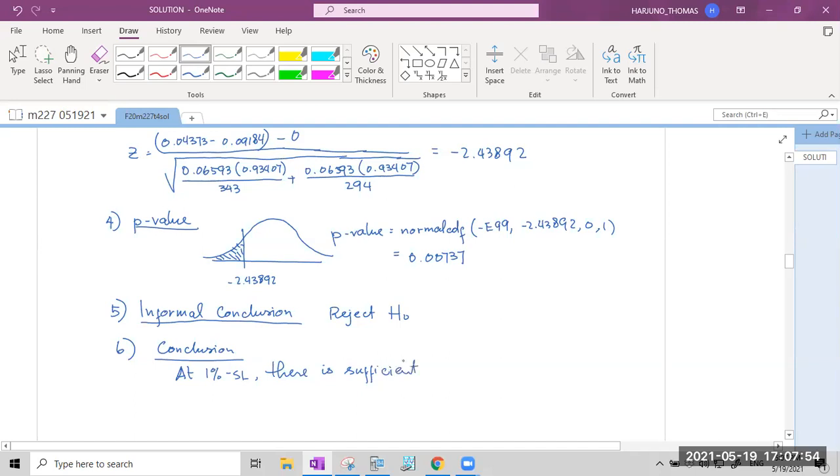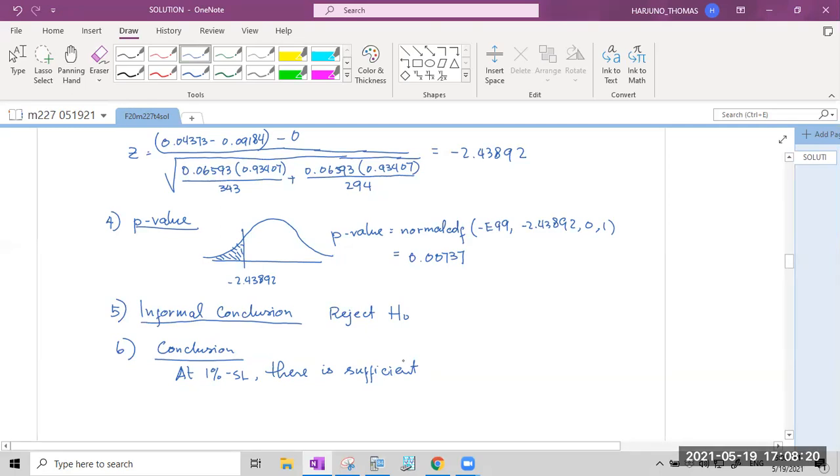The wording, in practice they may say it this way: there is very significant evidence. Instead of using the word sufficient, they will say there is very significant evidence to support the claim that. Why? Because it's at 1% significance level, right?